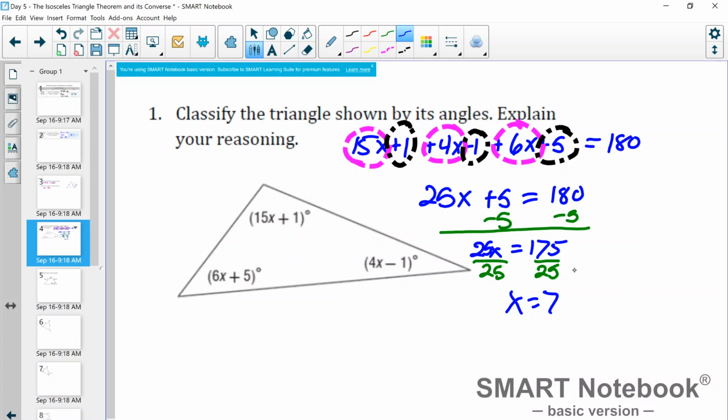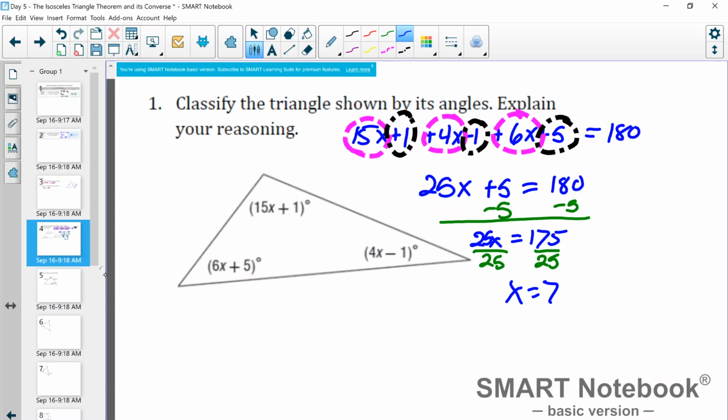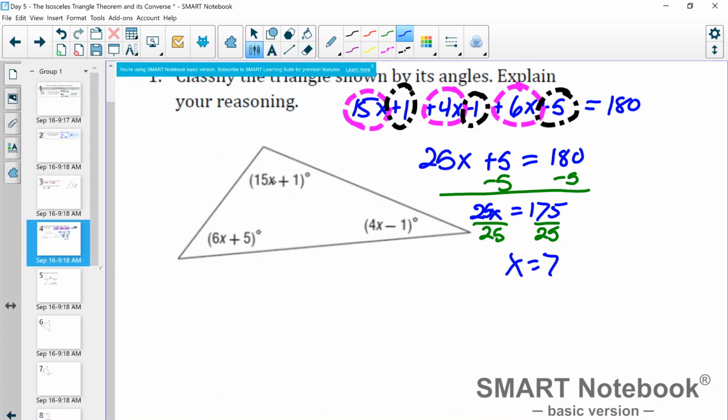Now that I know what the value of x is, I can plug it in for x to figure out what the angles actually are. So if I want to find out what this top angle is, I'm going to do 15x plus 1. We know x is 7, so 15 times 7 plus 1.